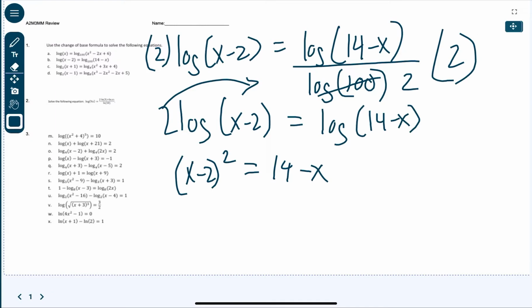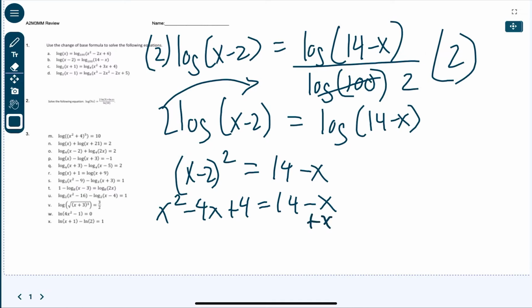No need to leave that in parentheses. So let's go ahead and square this. That should be x squared minus 4x plus 4 equals 14 minus x. And now all we have to do is combine like terms.